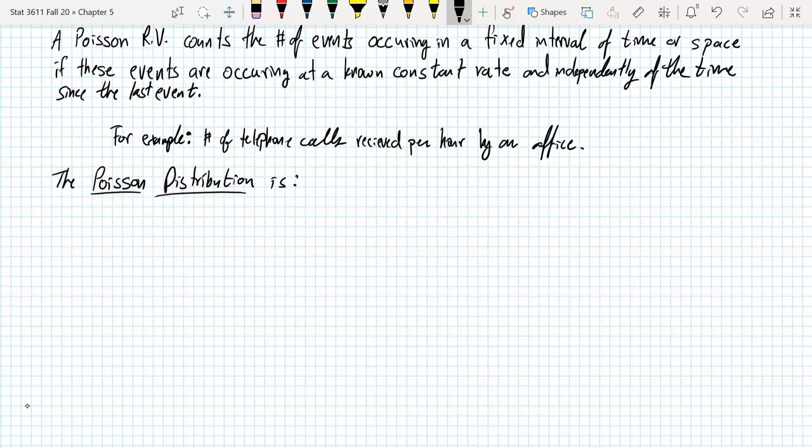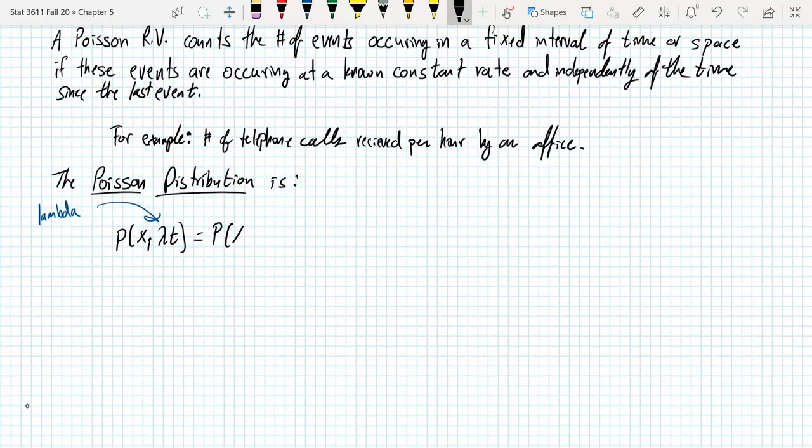So the Poisson distribution. We use P for Poisson. Getting X events, we have two parameters, lambda T. Lambda is the Greek letter that looks kind of like an upside down Y. I don't know if we've come across that yet. Lambda times T there. All right.